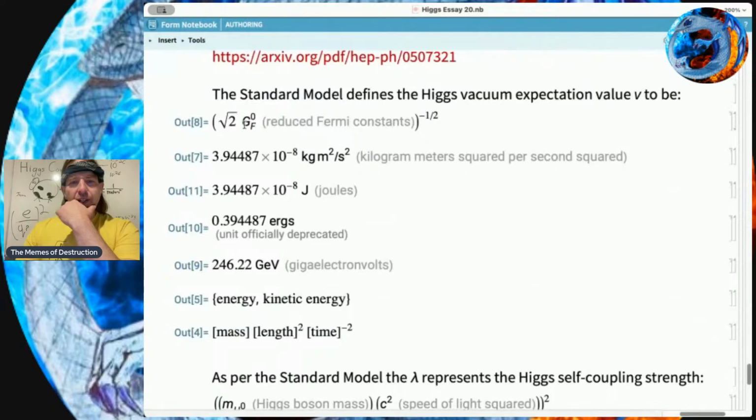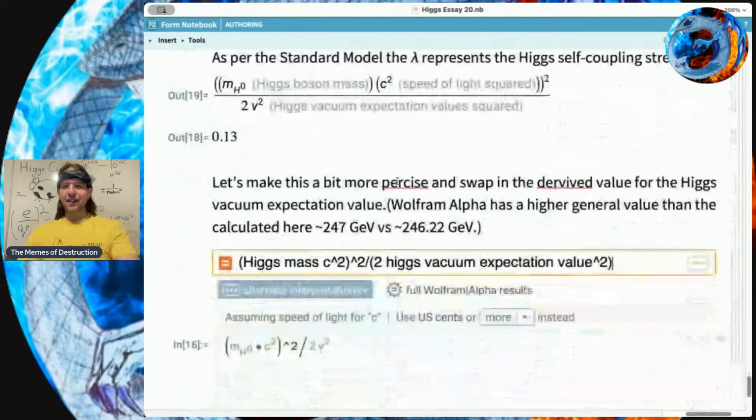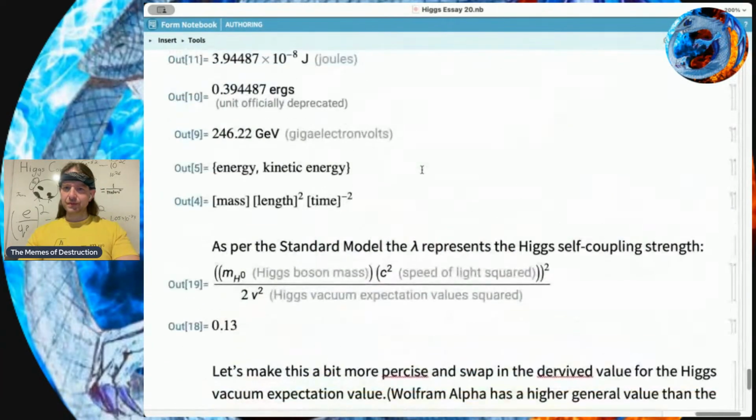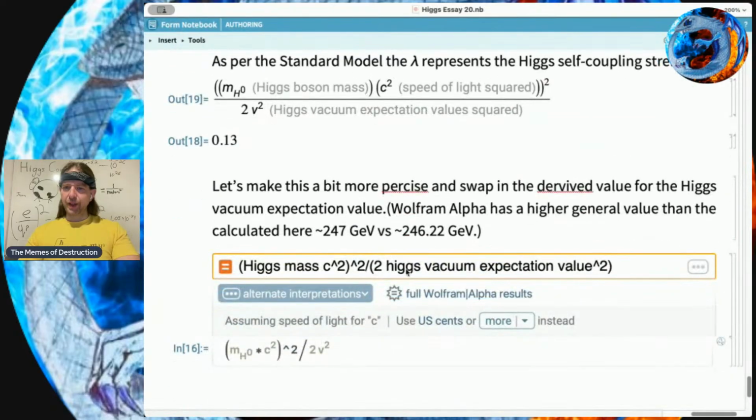So we need root 2 times the reduced Fermi constant. We're taking the inverse root of that. Within the Higgs vacuum expectation value, all we're going to do is literally, we're going to need two parentheses. We're going to need the square root of 2.